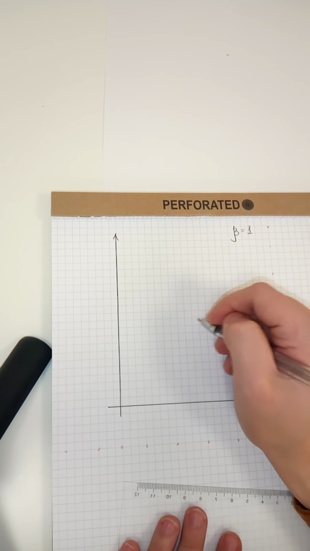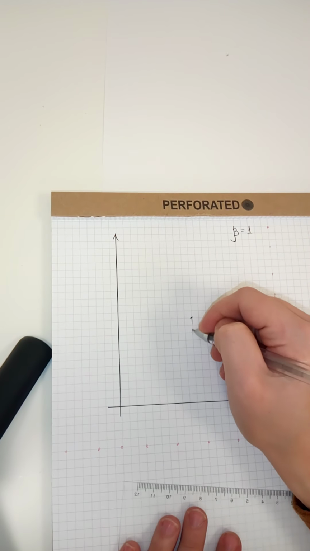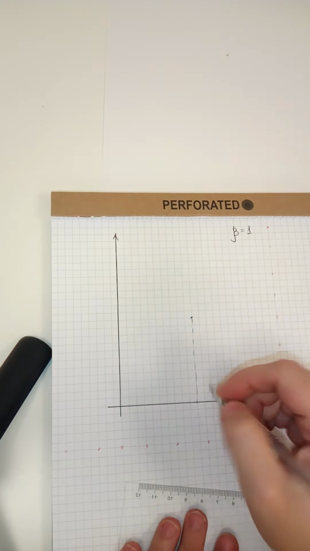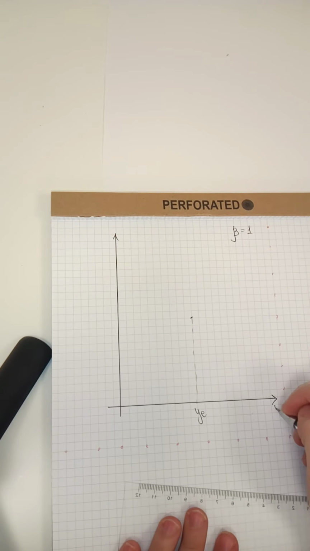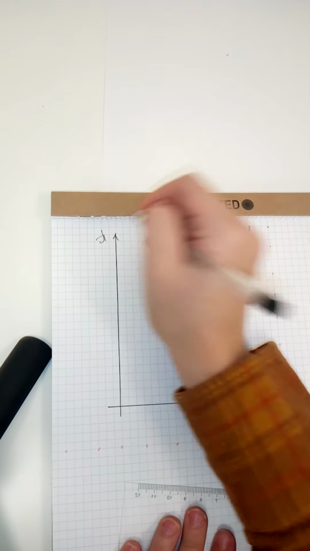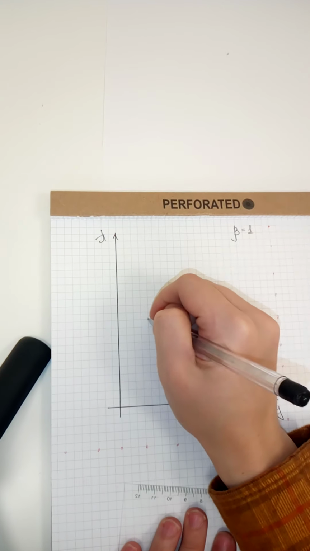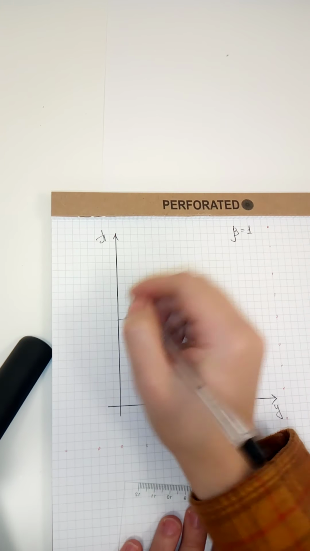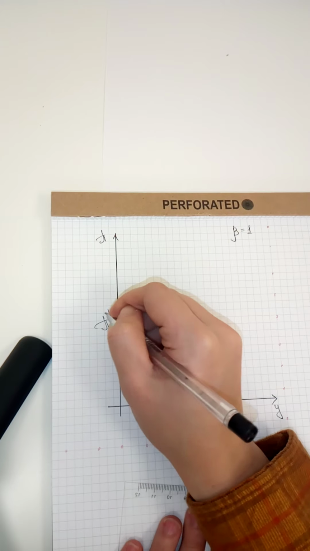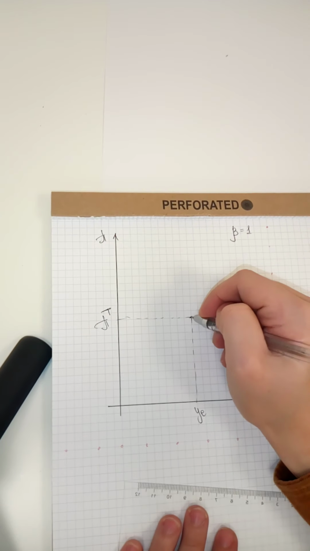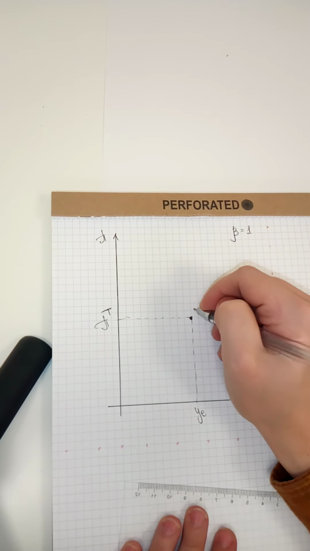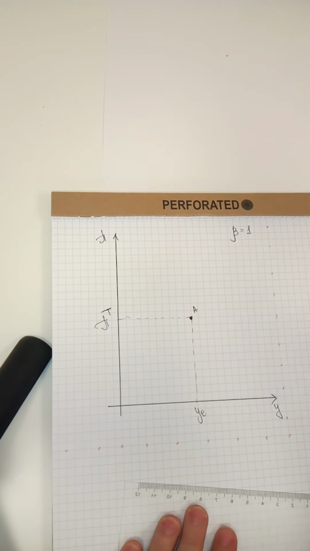Okay, so here we have some optimal point when output is equal to potential output and inflation is equal to pi tau, or the target level of inflation. And here obviously we have the point of central bank losses minimization.